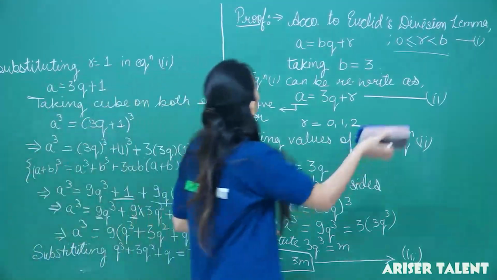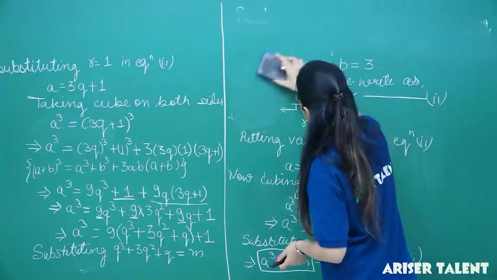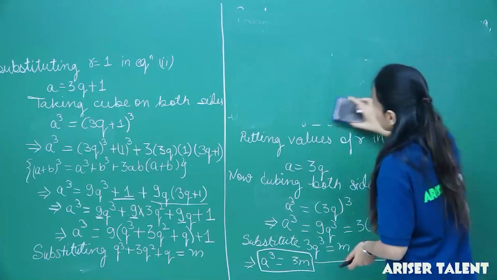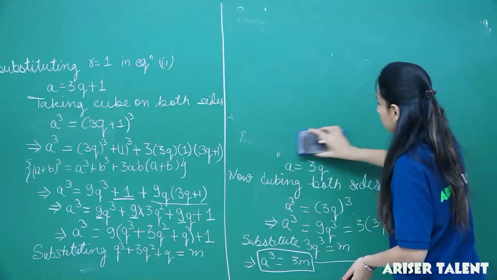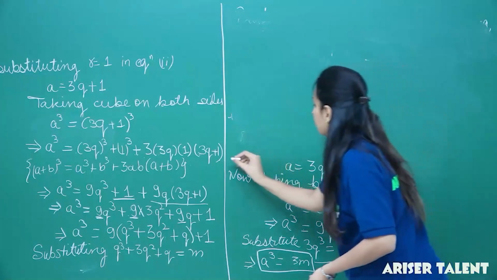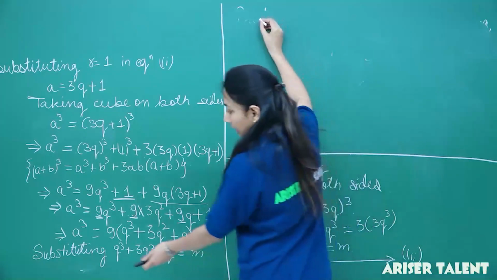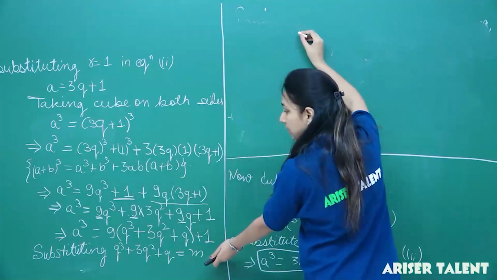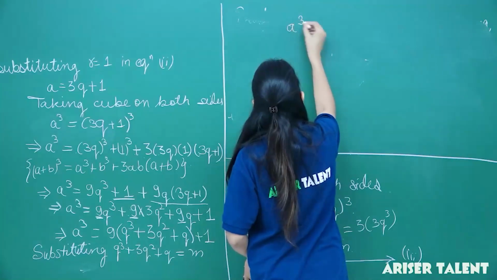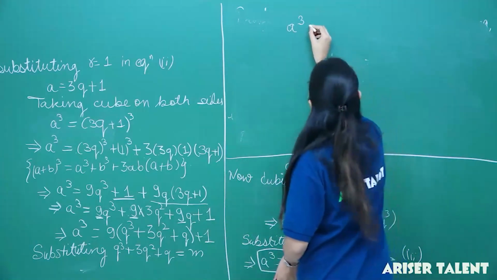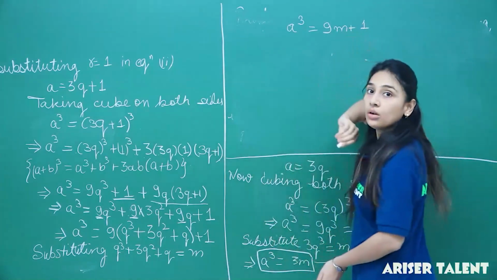Okay. Now, by substituting, this particular equation will become a cube equals 9m plus 1.